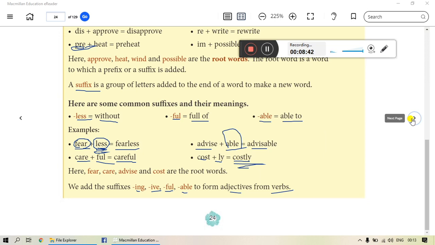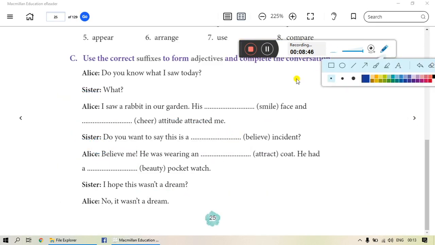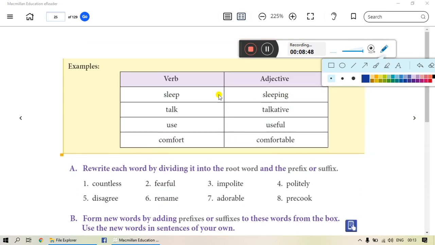Now let's go to the next page and see what exercises have been given to you. Here are some examples of verbs which have been converted into adjectives. Sleep, when you add ing to sleep, it becomes sleeping, which is an adjective. When you add ive to talk, it becomes talkative.